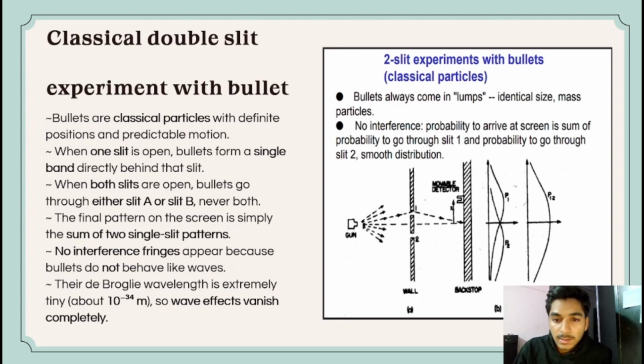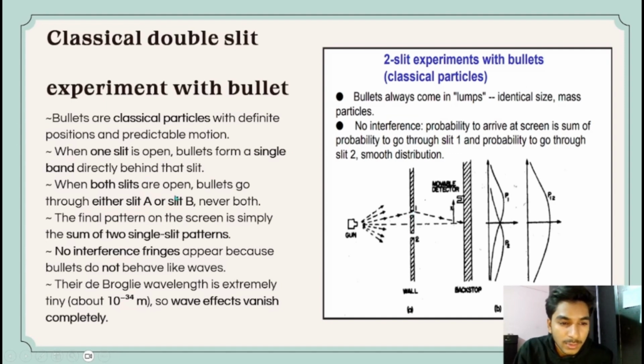Bullets are classical particles with definite position and predictable motion. So, we are going to take a gun, a wall with slits, and a backstop to note our probabilities. First, we use the gun with a precise location to shoot bullets at a slit.